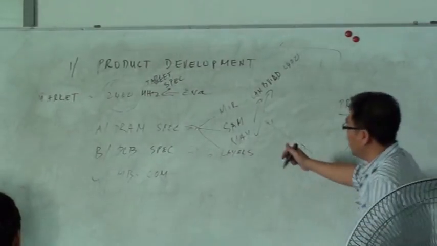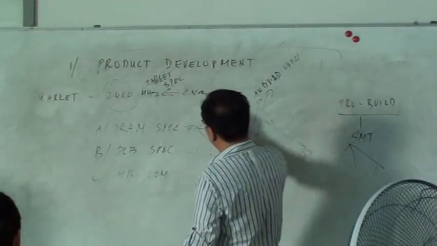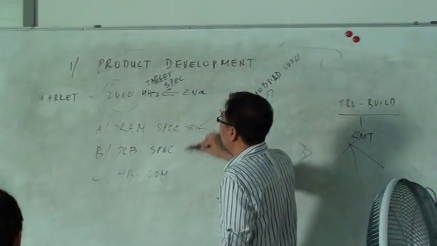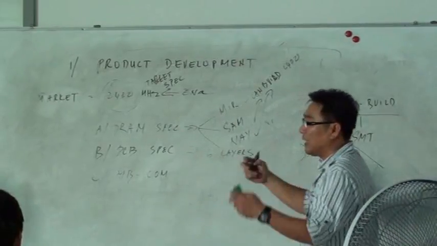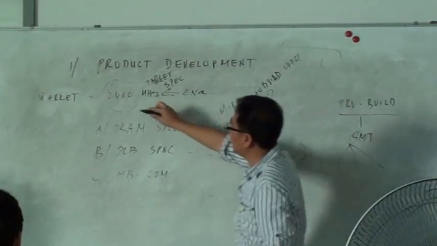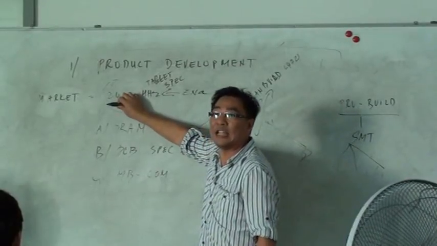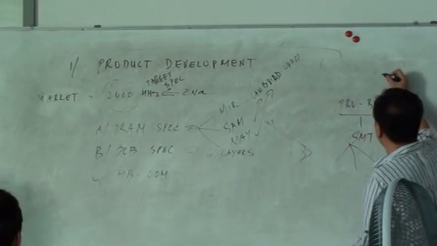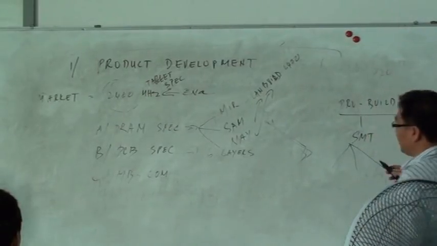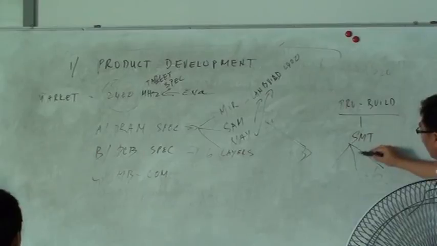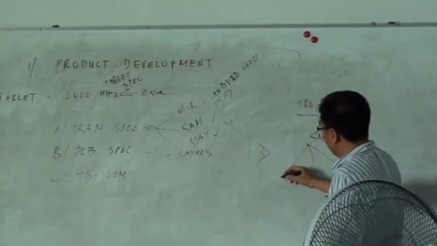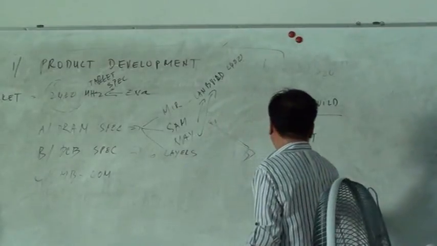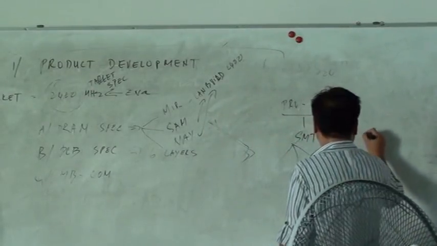We have all the information, we test a little bit, and now we try to build a complete module to see if we can meet the targets or not. Meaning we do a prototype build, let's say 20, right? We build SMT, and then test.